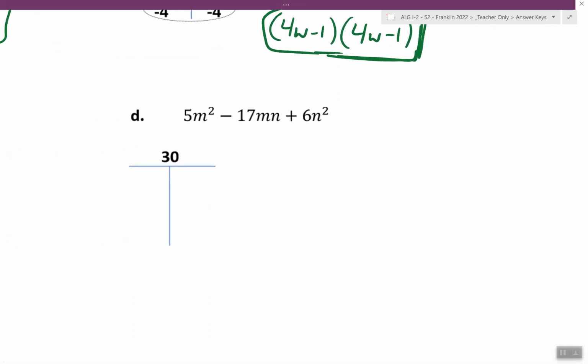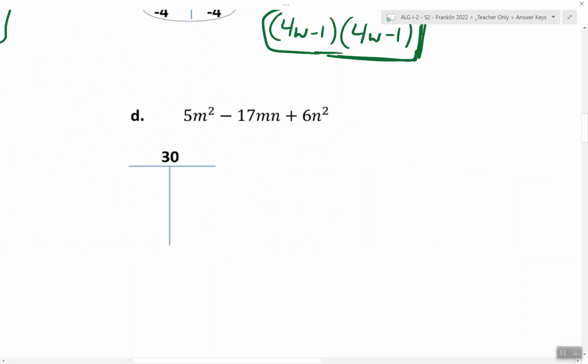All right, moving on, example D. We're finding two numbers that multiply here to 5 times 6 is 30, but add to negative 17. Now, so again, we have a positive product, but a negative sum. So our two numbers are going to have to be negative. So negative 1 and negative 30, that multiplies to positive 30, but does not add to negative 17.